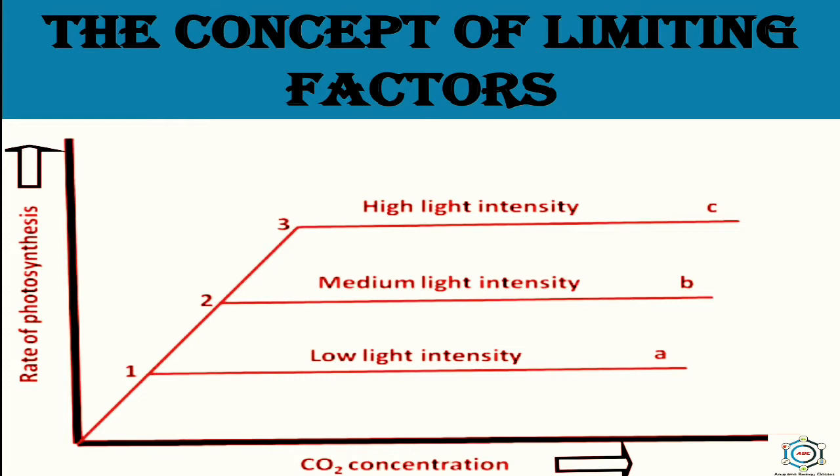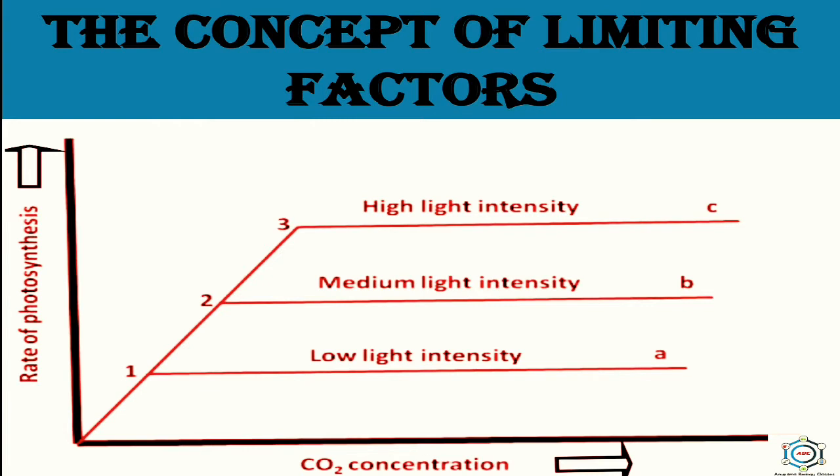This increase will be proportionate with the increase of carbon dioxide concentration up to 5 mg. This is indicated by the lines here, which is a graphic representation of Blackman's law of limiting factor.